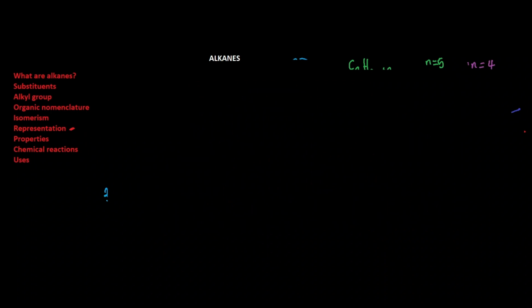Now this is the idea of representation. Organic compounds, or to be specific, alkanes, can be represented in these 4 ways: molecular formula, structural formula, condensed formula, and the skeletal formula. Now I said we'll take an example for the condensed formula once again.